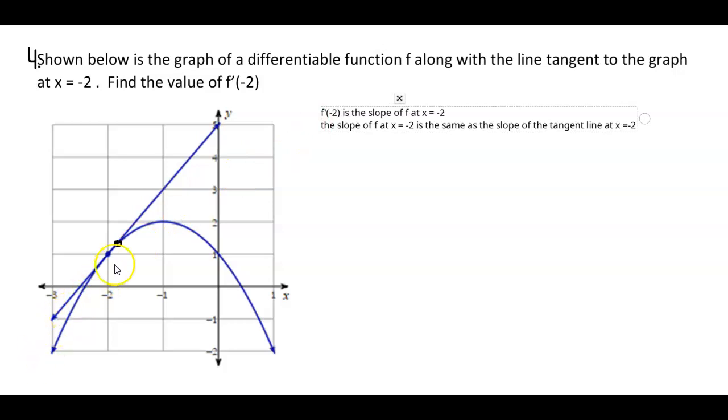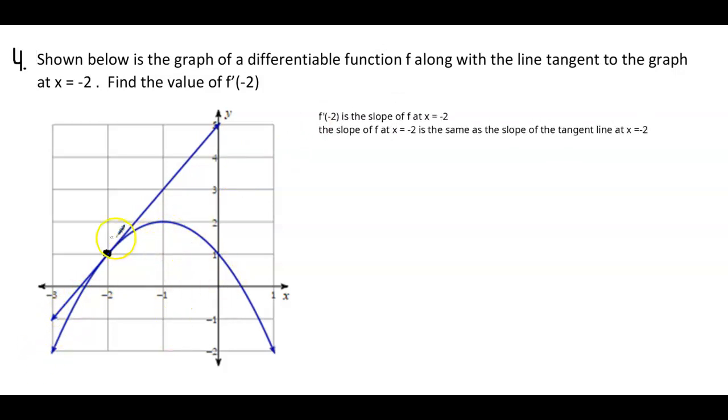So the slope of my curving function is exactly the same thing as the slope of my tangent line at that point, because that's the point of tangency. Remember what we said in the last problem: at that point of tangency, the tangent line has the same y value and slope as my function at that point. So if I want to find f prime of -2, I just need to find the slope at x equals -2, and that's the same thing as the slope of the straight line.